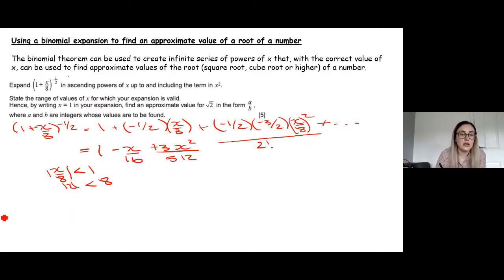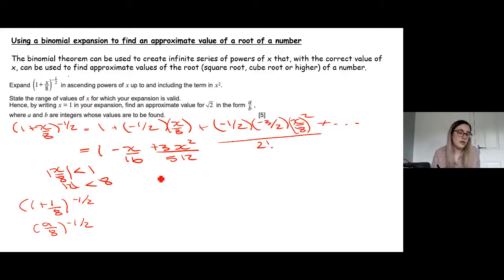Okay, so now it wants us, hence by writing x equals 1 into the expansion. So I'm going to put x equals 1 into the left-hand side, and I'm going to put x equals 1 into the right-hand side. So putting in x equals 1 here, 1 plus 1 over 8 to the minus a half, that's going to give me, so 1 is equivalent to 8 over 8, so that's going to give me 9 over 8 to the power of minus a half.